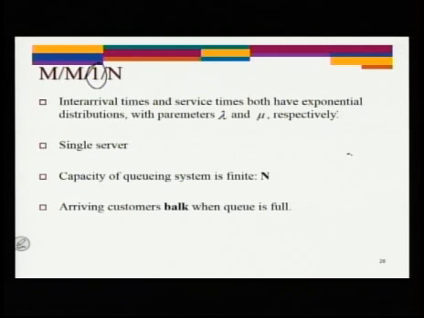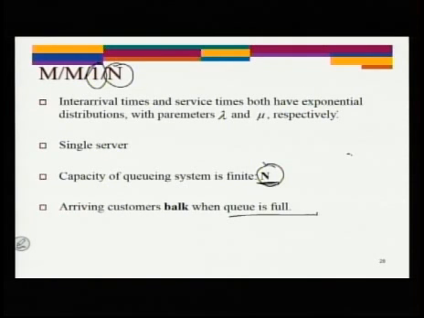But the capacity of the queuing system is finite, which is equal to N up here. And this number N includes the customer currently being served. Of course, in this case, the arriving customers balk when the queue is full. Okay, keep in mind that.